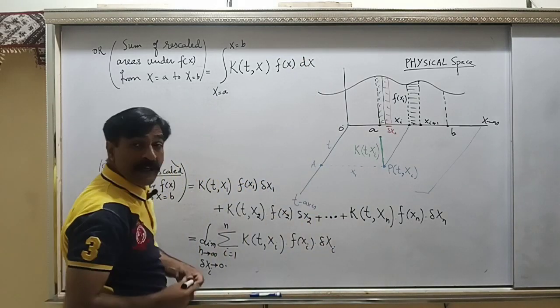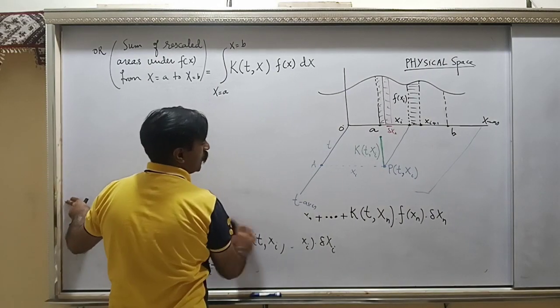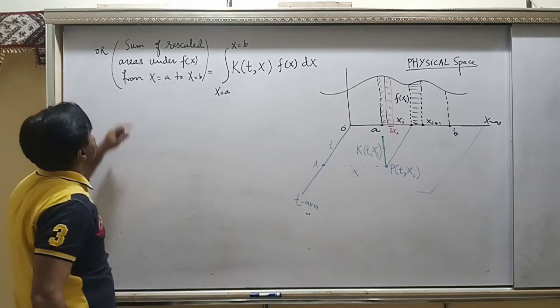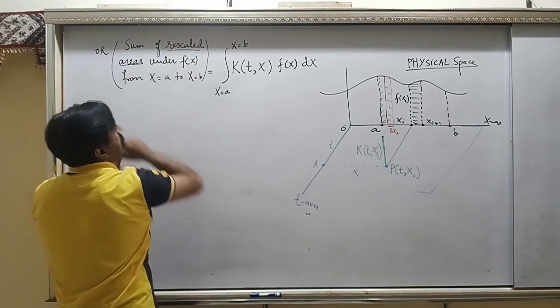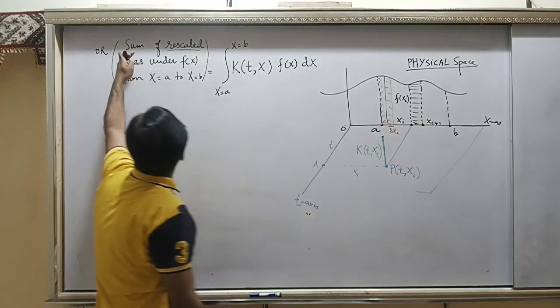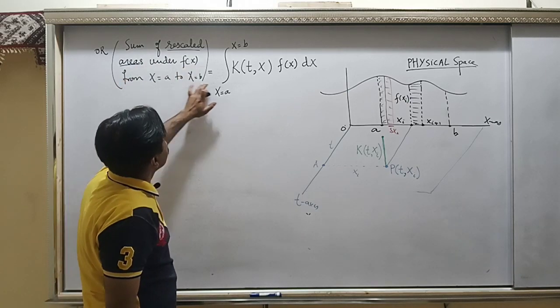Now, be careful. You have the meaning of this new integral. This is the sum of rescaled areas. These areas are areas of the rectangles. Sum of rescaled areas under f(x) from x equal to a to b.